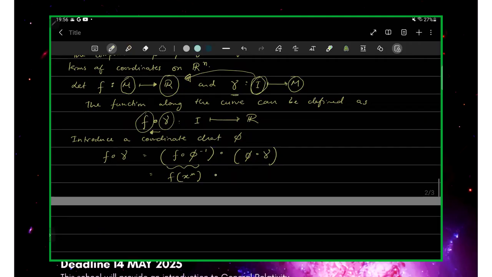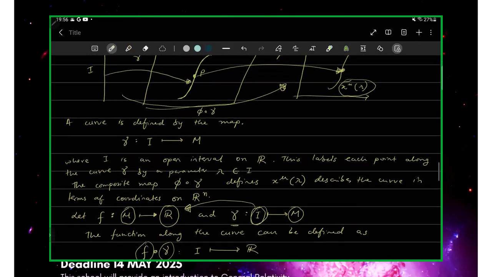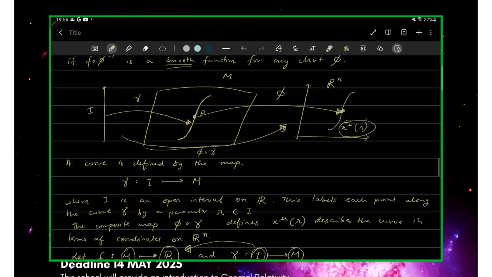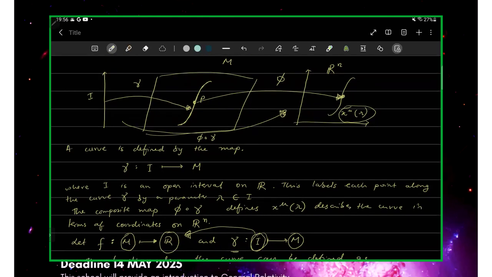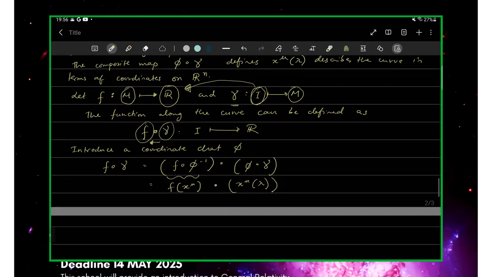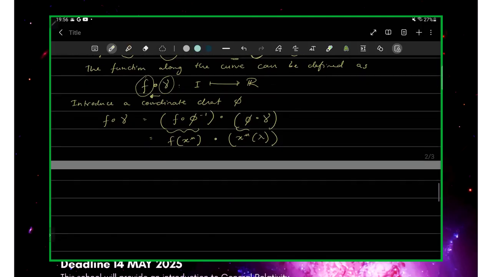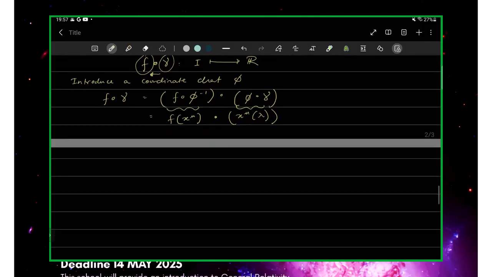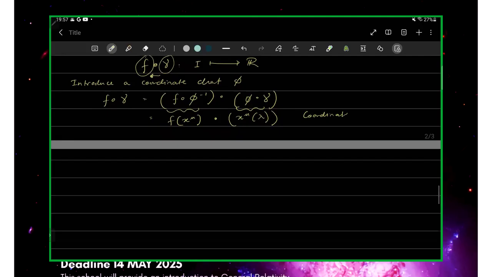And this one I will write as x mu of lambda, because this map takes from Rn in the curve notation, which is parameterized by lambda. So basically, this is the coordinate representation of the function along the curve, with the coordinate chart defined with respect to the curve.